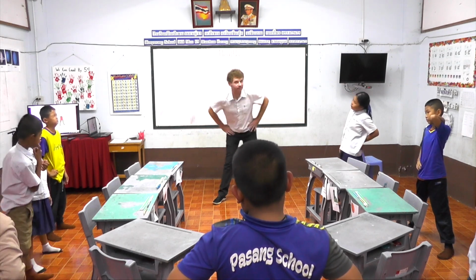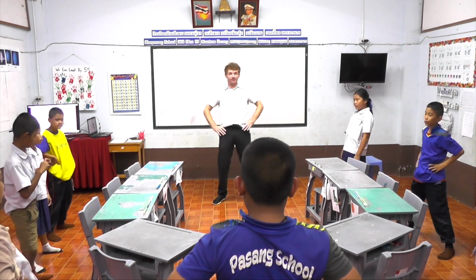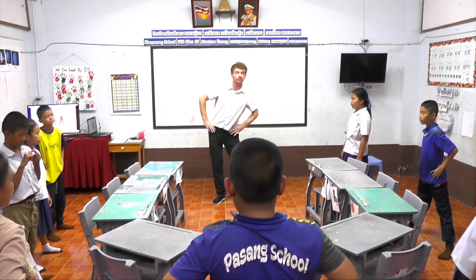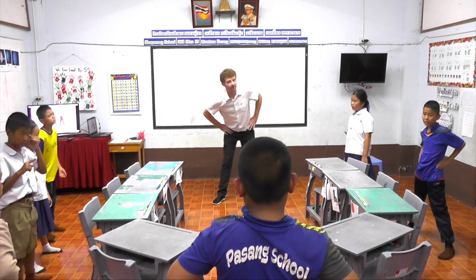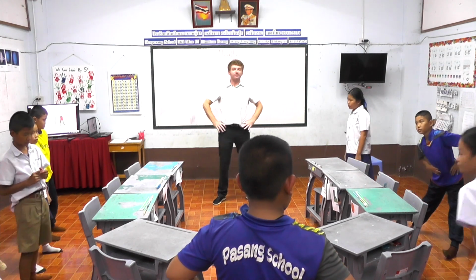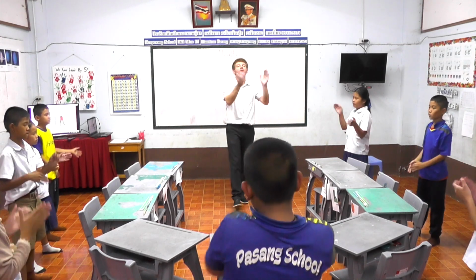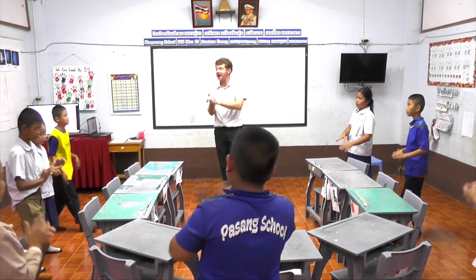And then we'll go round and round, and stop. And we go back the other way. Stretch our spines before we sit back down. And to finish, guys, we'll do 5 claps. 1, 2, 3, 4, 5.